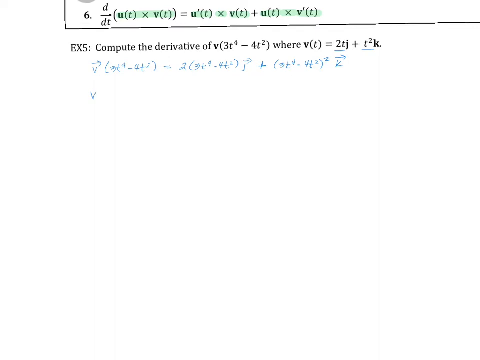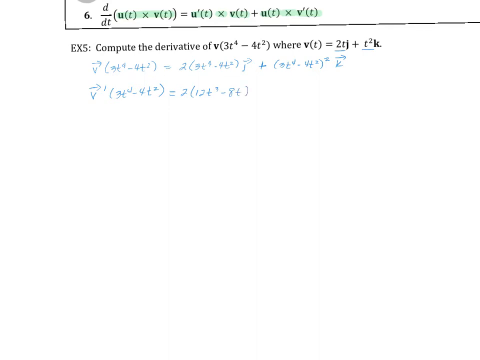So now when I compute the derivative of 3t to the 4th minus 4t squared, the constant 2 stays. Inside the parentheses, this would just be 12t to the 3rd minus 8t.